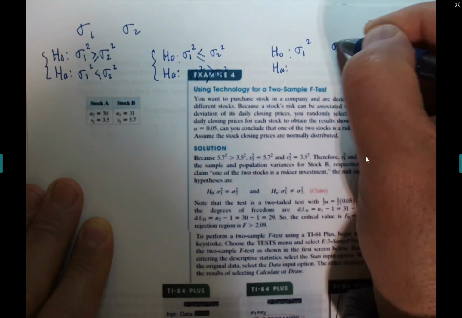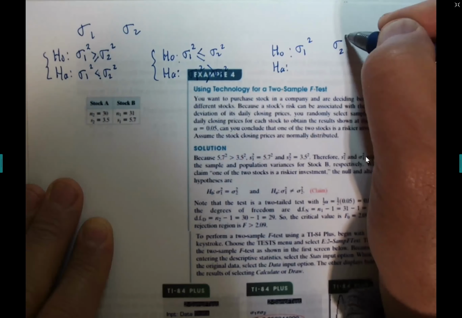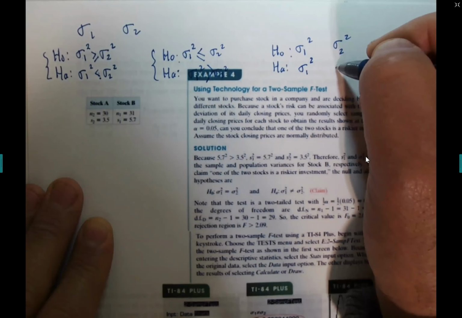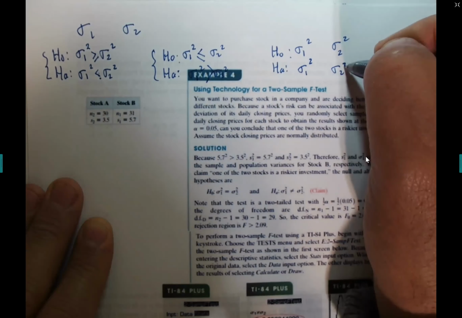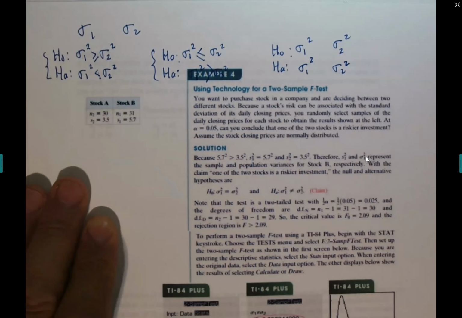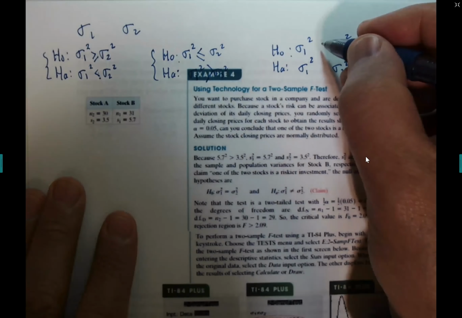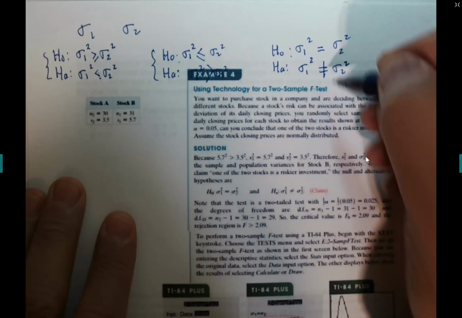Just like what you learned before, guys, it doesn't change. That's why I told you, once you pick up chapter 7, everything is just going to follow. That doesn't change the signs. H0 must always have greater than or equal to, less than or equal to, or equal to. HA must have less than, greater than, or not equal to. So would you guys agree with me if I put equal and what? Not equal.